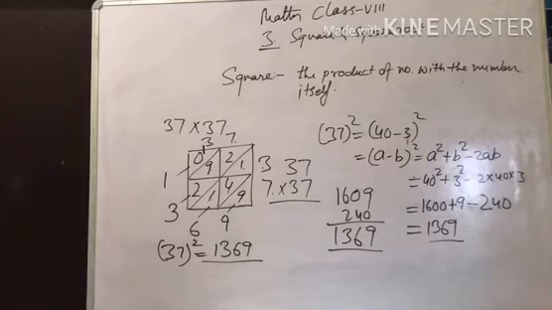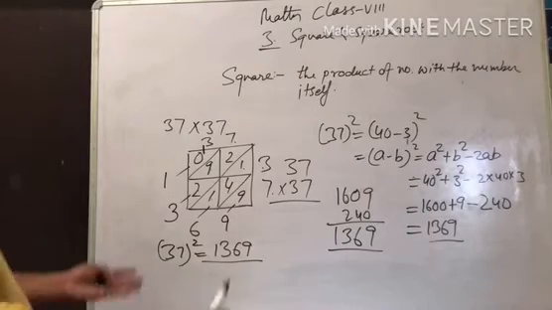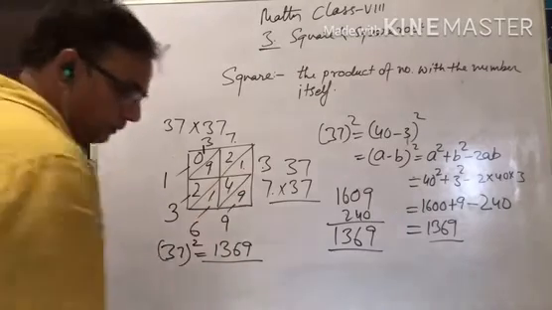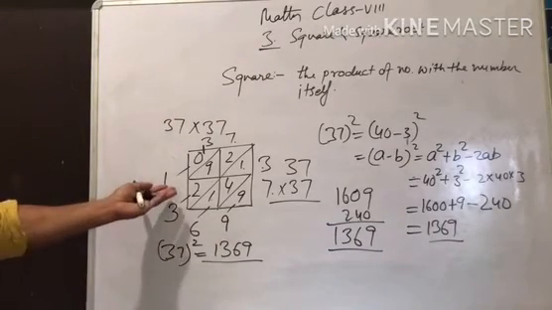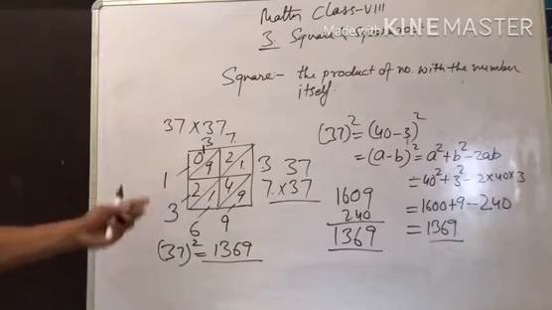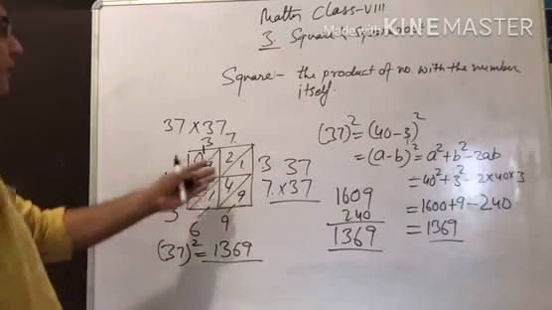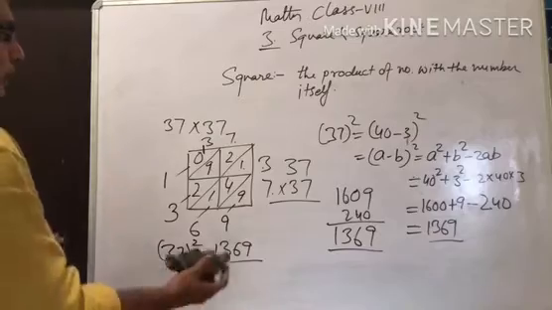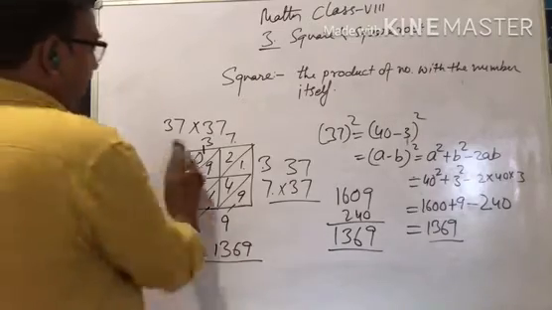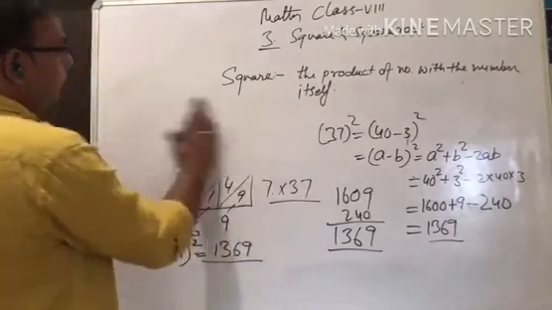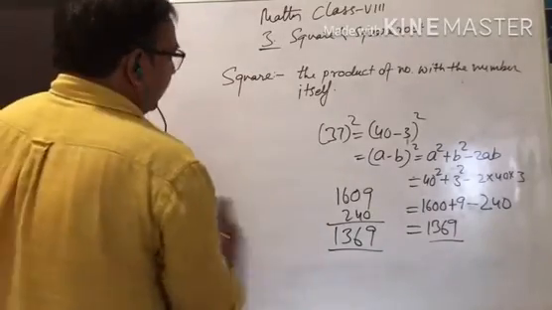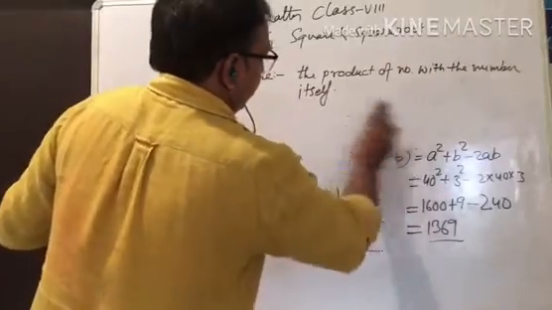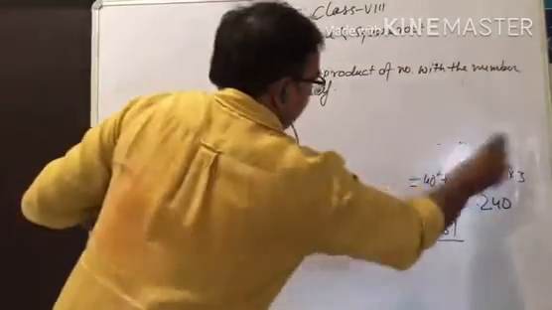So there are so many methods to find the product. This is just a multiplication. This is a little easier method for 37 and 37. If you have a bigger number and you know the tables, then it will be easier for you. This is a part of calculation basically. If your calculation is strong, it means you know the tables a little fast.